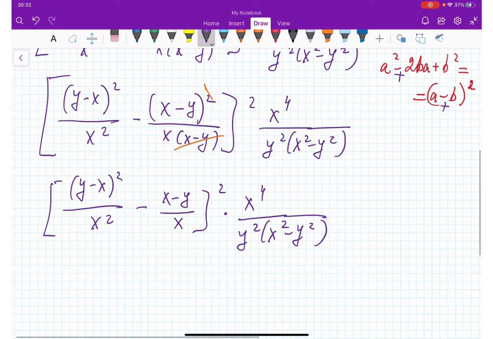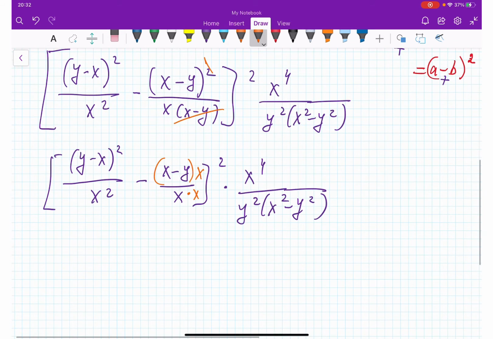Bringing to common denominator, it's going to be here times x and here times x. So we are getting y, let me open this parenthesis here, y minus x squared, y squared minus 2xy plus x squared.